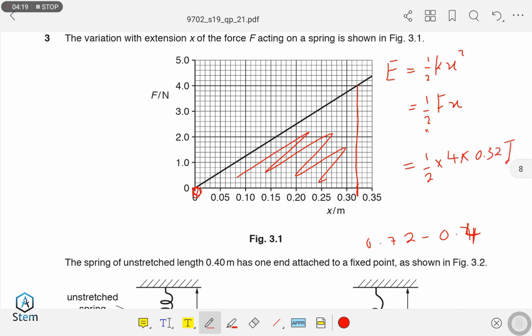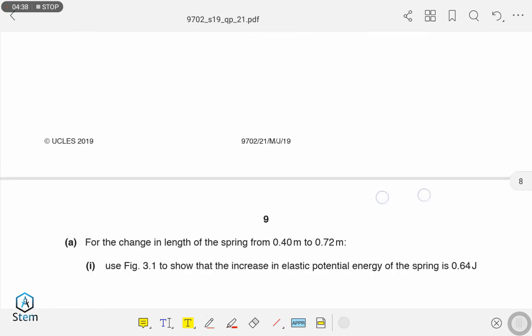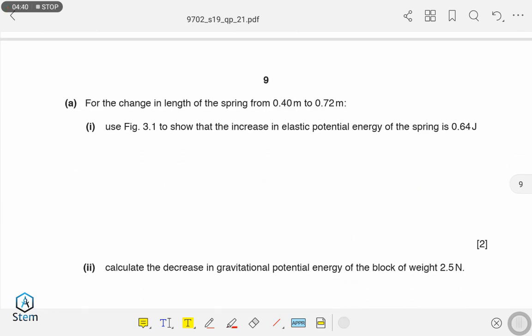Okay, there are joules. If we punch those values in the calculator, we will get 0.64 joules. And we have thus shown what the question required us to show.